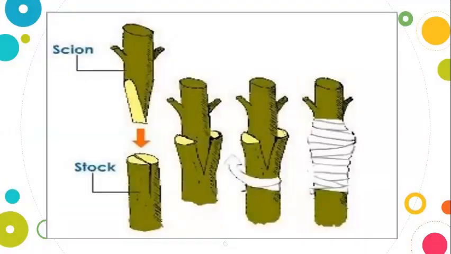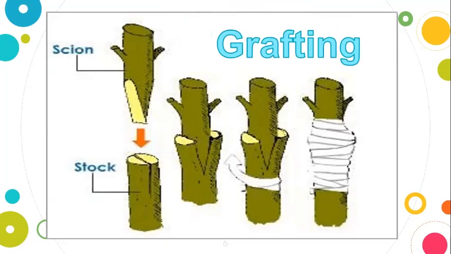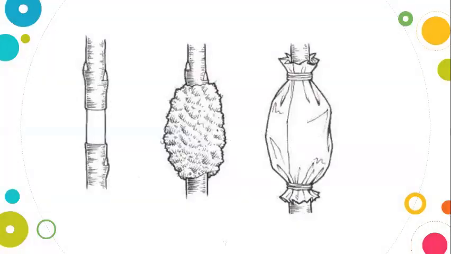So, number 1, you have to name what way of propagating is shown in the picture. Write down your answer. And this is grafting. Let's proceed. How about this? Is this a way of propagating or a proper care of seedlings?